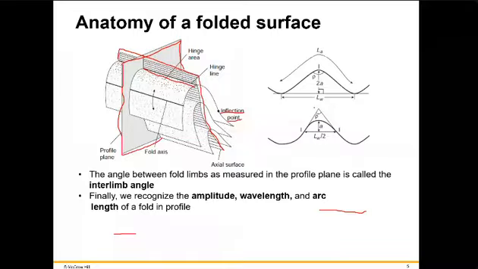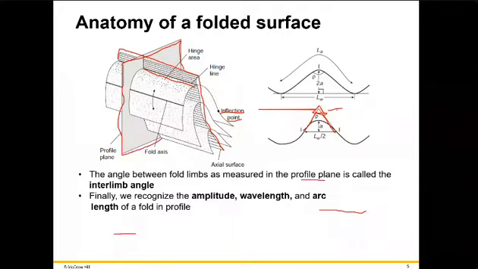If you take one limb and another limb, the angle in between is the interlimb angle. So the angle between fold limbs as measured from the profile plane, remember the profile plane is perpendicular to the axial plane, is called the interlimb angle. You'll see why this is important when we come to the classification of folds, all right? That is also important.